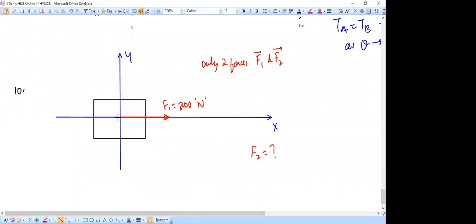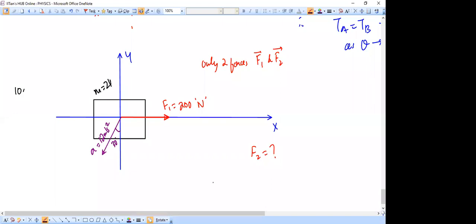The acceleration is in the third quadrant, such that this angle is equal to 30 degrees. And the magnitude of the acceleration is 12 meters per second square. And of course, also given to us that the mass of the block is 2 kg.